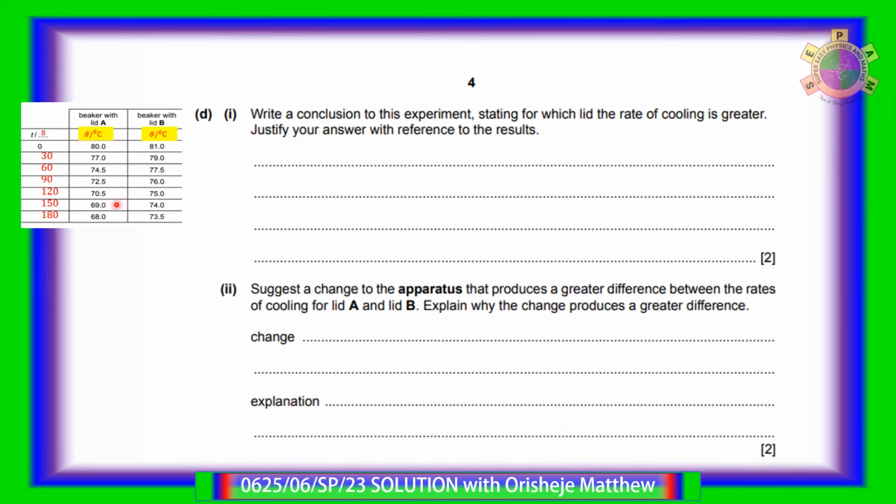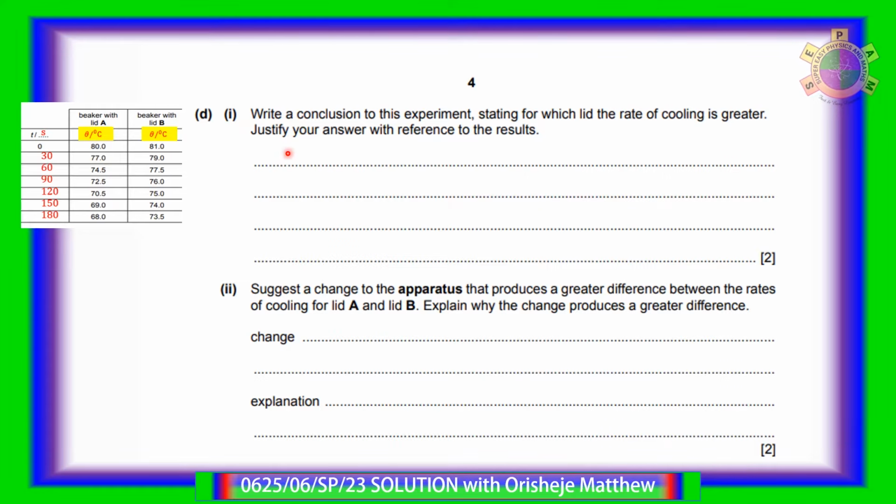So the one with the higher temperature drop has the higher cooling rate, while the one with the lower temperature drop has the lower cooling rate. So beaker B has a lower cooling rate, while beaker A has the higher cooling rate, judging by the temperature drop she measured in 3 minutes.